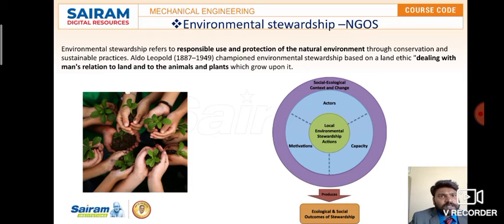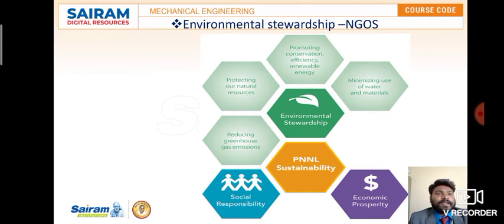So all these things will be centered around the environmental stewardship, right? And these are the important factors that will come across, promoting conservation, efficiency, renewable energy, and protecting our natural resources, minimizing use of water and minerals, and reducing greenhouse gas emissions, what I was talking about.